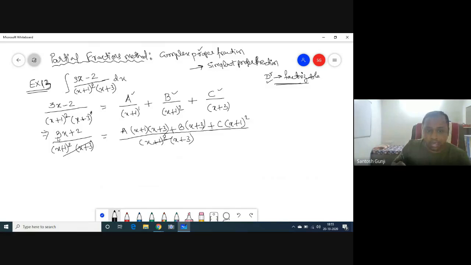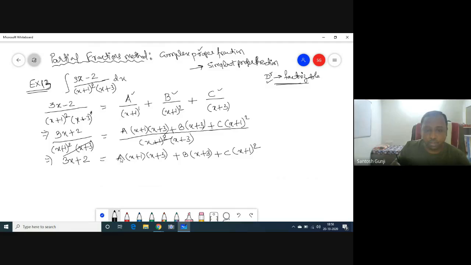I'm writing the steps a bit so you can follow, just because this is a beginning sum. So 3x minus 2 is equal to A into (x plus 1) into (x plus 3) plus B into (x plus 3) plus C into (x plus 1) the whole square.